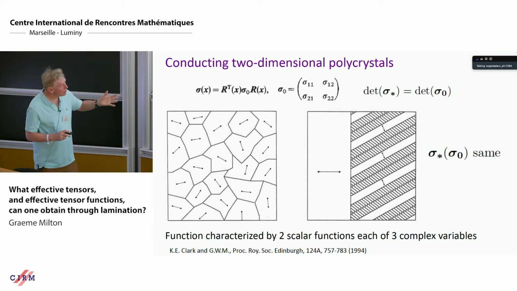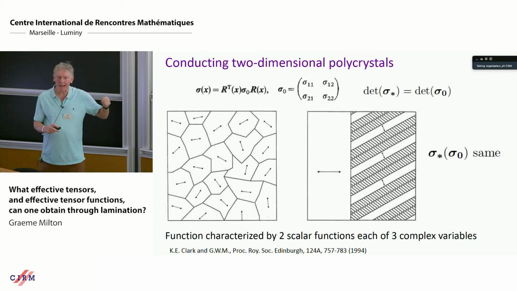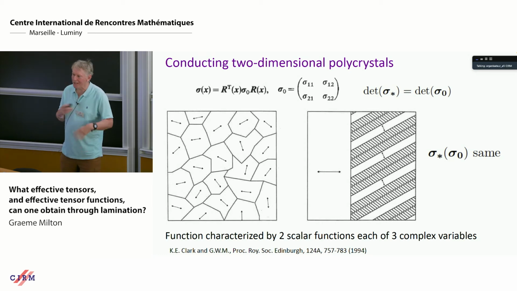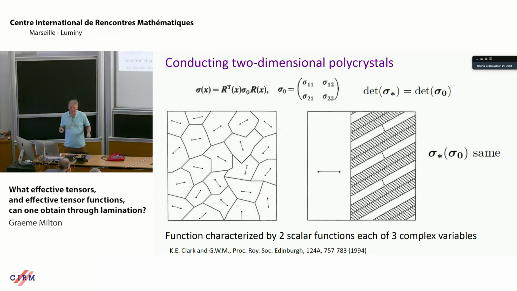And this correspondence is actually made at the level of the Hilbert space, and you don't actually deal with the conductivity functions, because here you have 2 scalar conductivity functions, each of 3 complex variables. And so that would be hard to handle using complex analytic techniques.